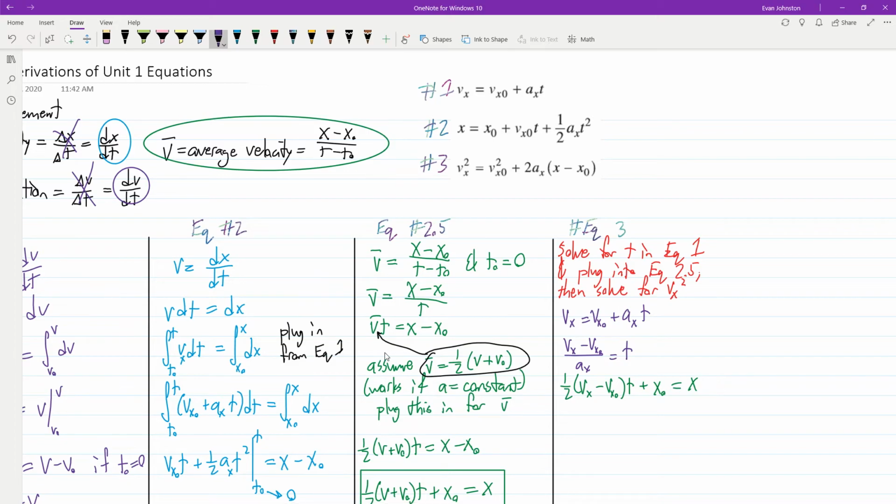I'm going to take this whole thing here and plug it in right there. That's the goal. And once we've done that, we're just going to solve for Vx squared to get it alone. That's how we actually get this final thing.